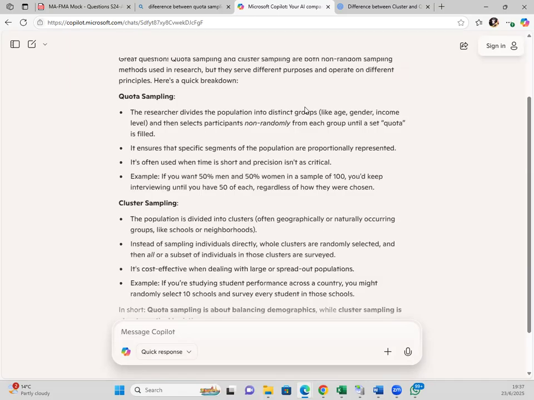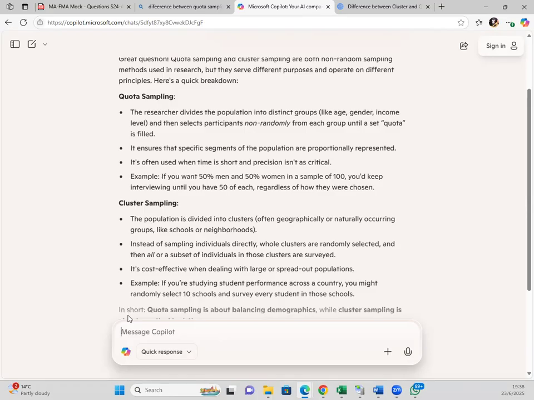So for quota sampling, the researcher divides the population into groups, then selects participants non-randomly from each group until a quota is filled. What about clusters? The population is divided into clusters. Instead of sampling individuals directly, the whole cluster is randomly selected, and then all individuals in it are surveyed.